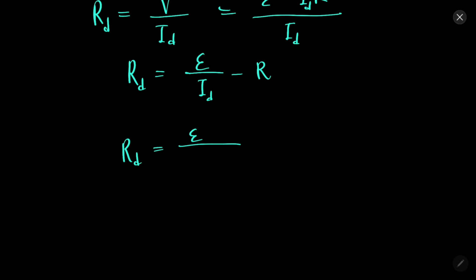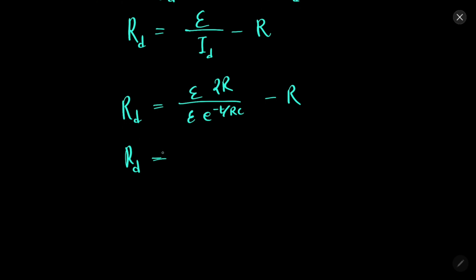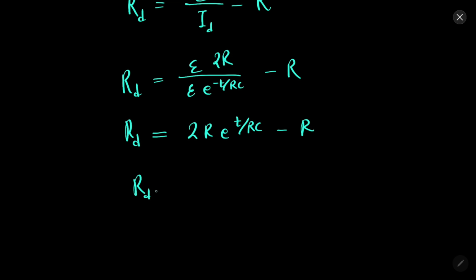So epsilon over 2R, so 2R will go here, e to the power minus t over RC, and minus R. So the displacement resistance will be, this epsilon will get cancelled out, 2R e to the power t over RC minus R. Now let's take this R common, so we will have R times 2e to the power t over RC minus 1.